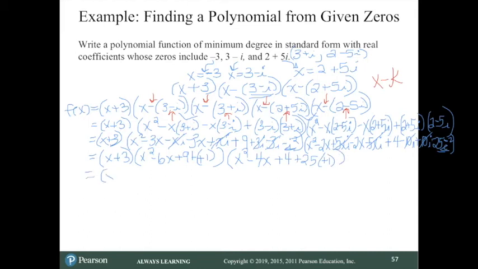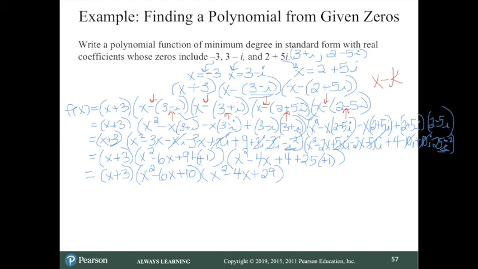So x plus 3 times x squared minus 6x plus 10 times x squared minus 4x plus 29.